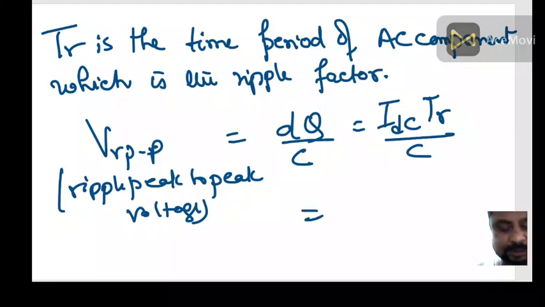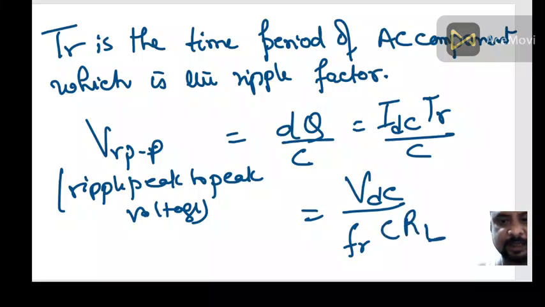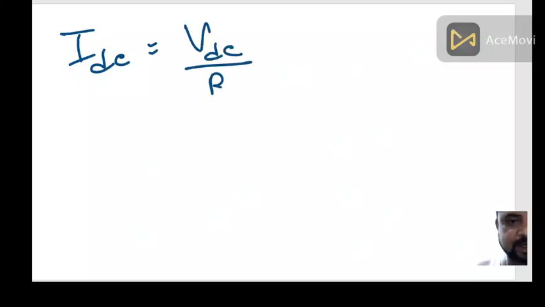So multiplying by I, you get the charge and C. So this can be written as VDC by FR, the frequency of the ripple, CRL. So that our DC current, the magnitude of DC current is IDC equal to VDC by RL. This is the calculation we have seen in the last lecture.